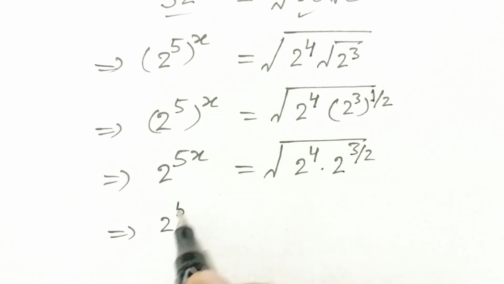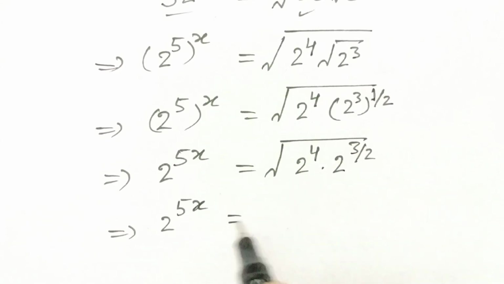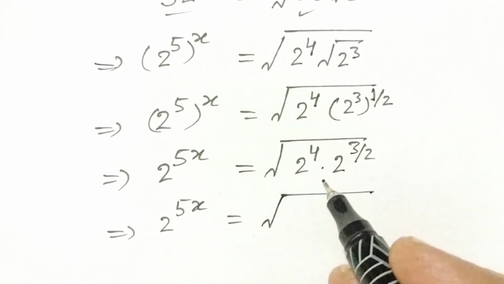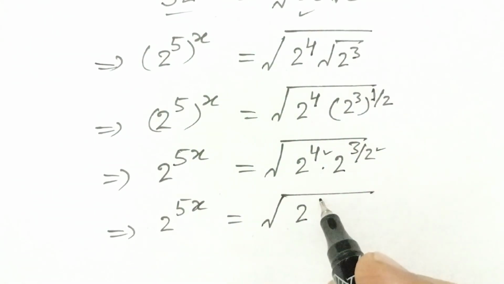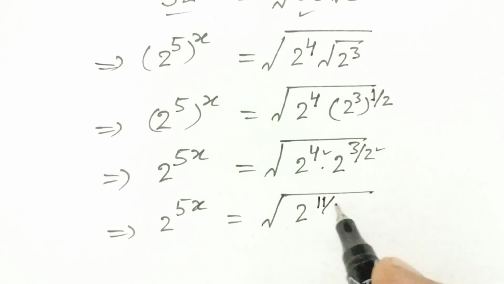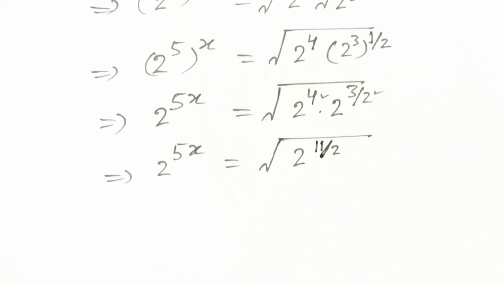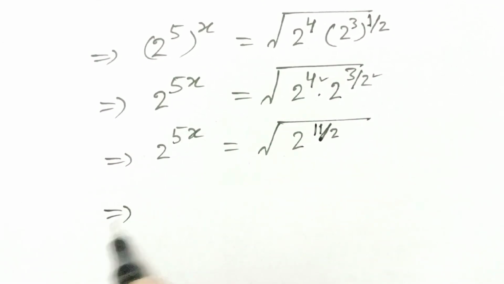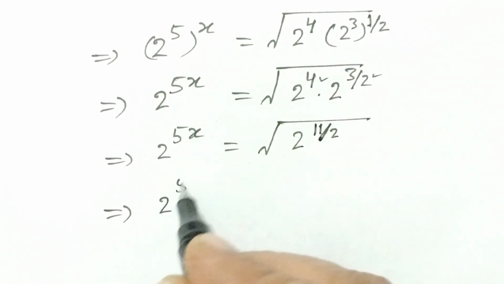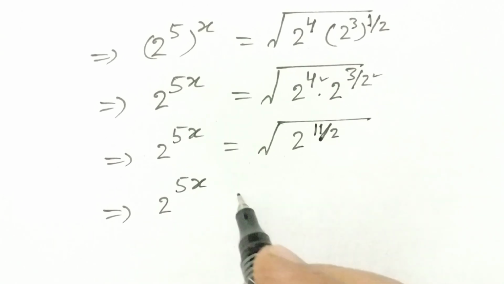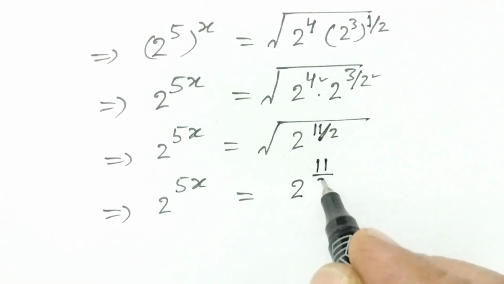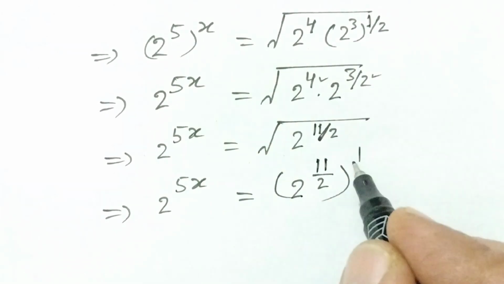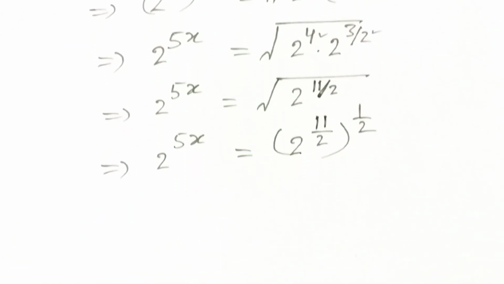So 2 to the power 5x is equal to square root of 2 to the power this plus this, 11 over 2, right? Now 2 to the power 5x is equal to 2 to the power 11 by 2 to the power half, right?